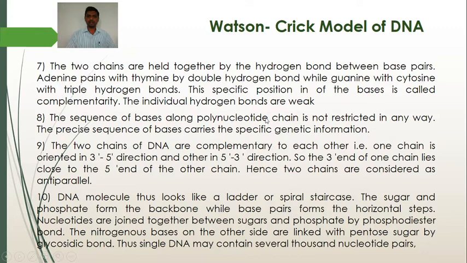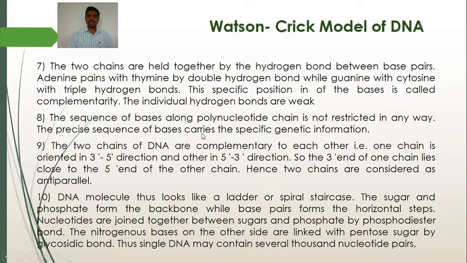The individual hydrogen bonds are weak but stabilize the DNA double helix. The hydrogen bonds exist between the nitrogen bases. Adenine pairs with thymine by 2 hydrogen bonds, while guanine pairs with cytosine with 3 hydrogen bonds. So this specific pairing in these nitrogen bases is called complementarity.